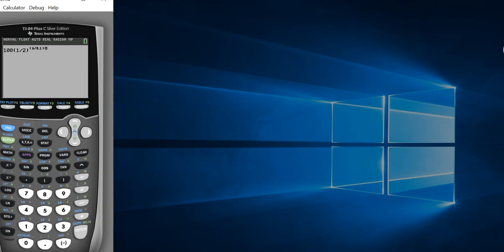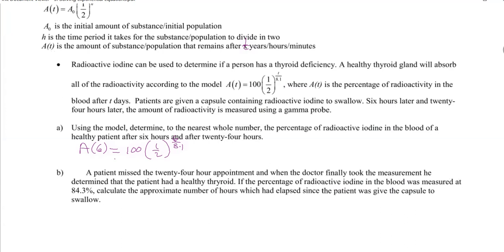That should work on any calculator. The older calculators will have an upside down V next to the half, and the newer calculators will show the exponent pushed up into the top, superscripted. So 59.84. Oh, nearest whole number. So 59.84, 60%.